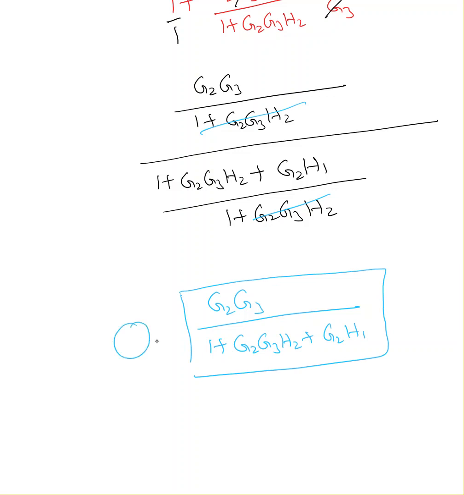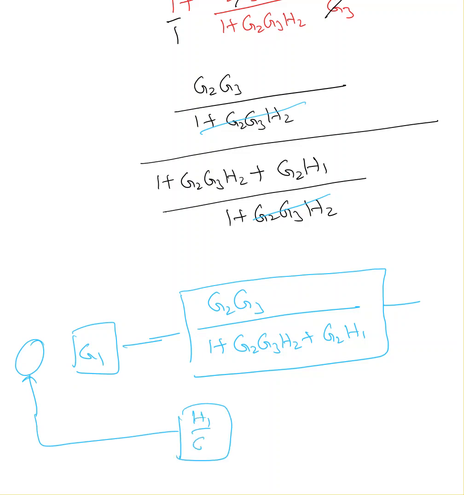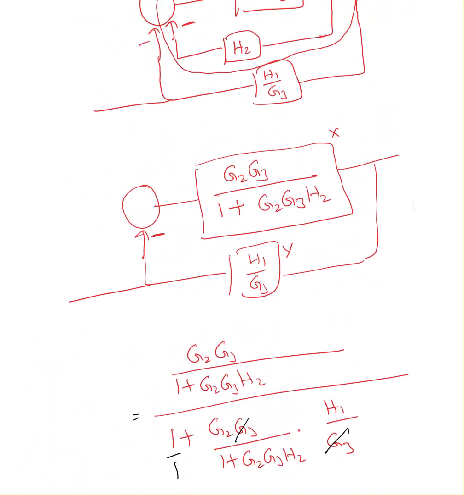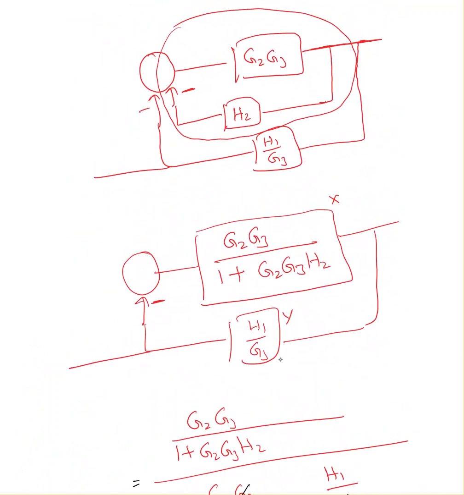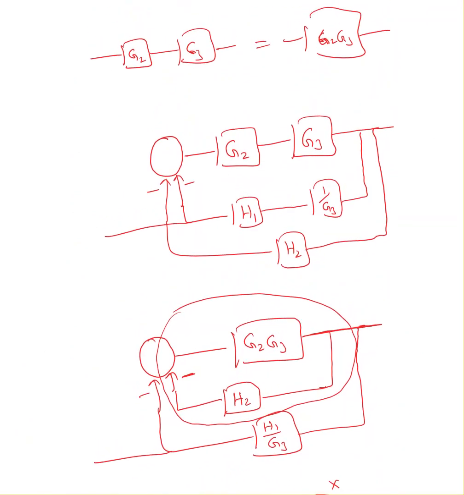Now I'm going to draw a complete one. This thing is gone, this is gone. Now you have Z1 there, summing point. Still this H1 by Z3 is coming from there, because if you remember in this given, this feedback is connected here as well as it's going to the previous summing point.